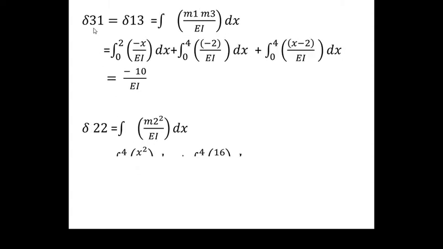Then delta 31 is equal to delta 13. You observe m1 here is 1, m3 here 3 is there.